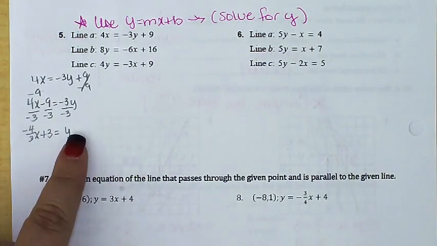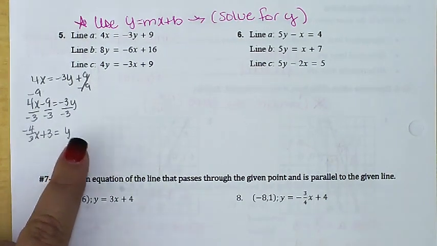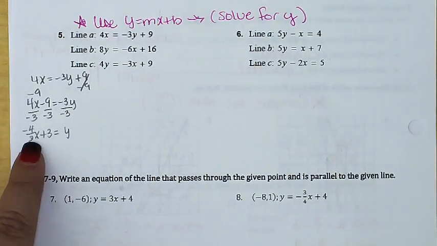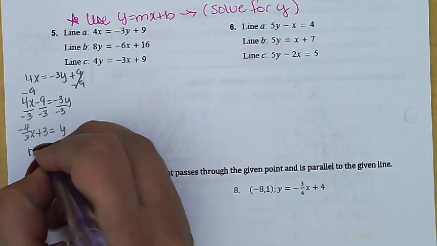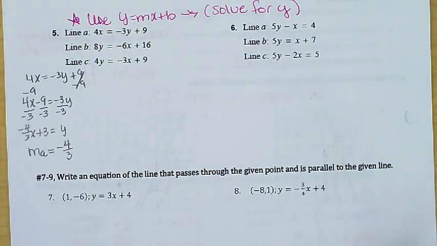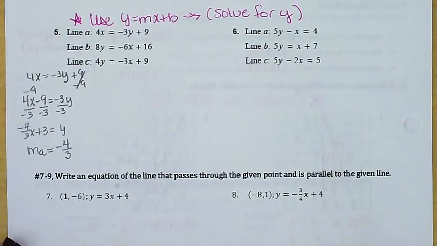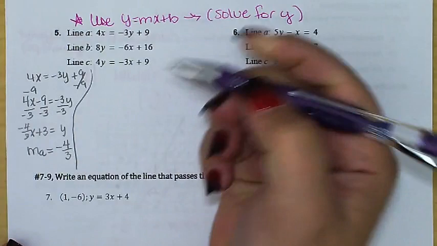Okay, so I've got the y isolated. This isn't quite y equals mx plus b, even though the y is on the right. That's okay. But we can see right here that the slope for line A is a negative 4/3. Okay, and then we'll do the same for the other two lines and decide if any of them have the same slope. So I'm going to make myself a little barrier here.